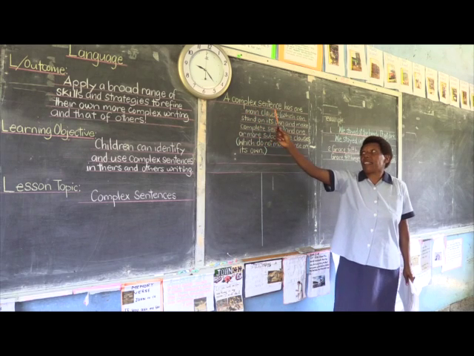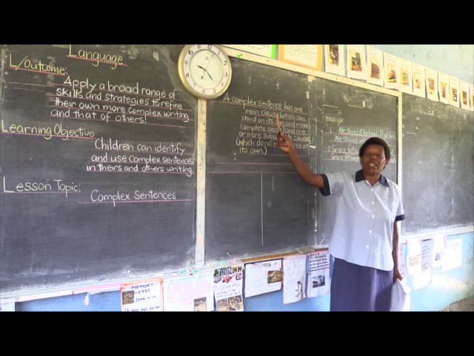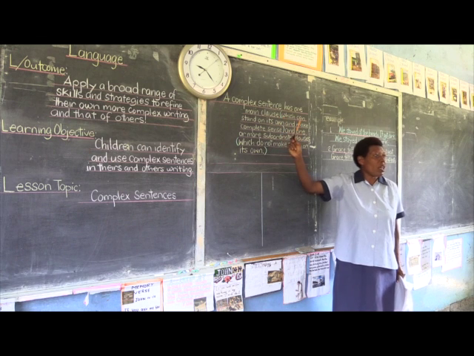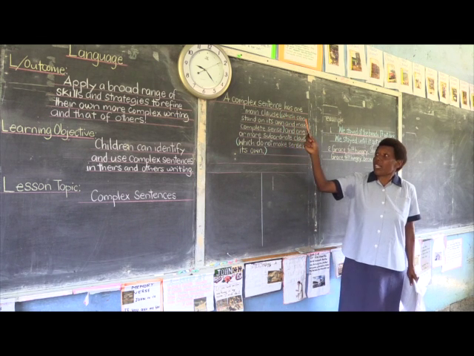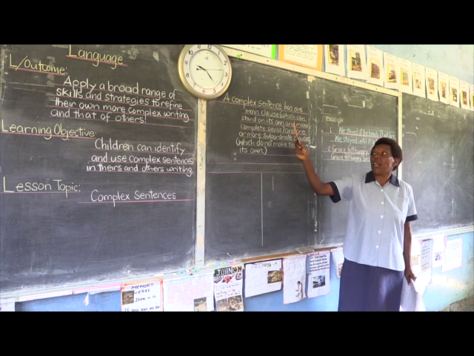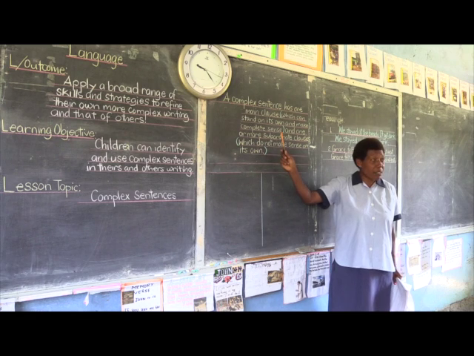A complex sentence has one main clause, which can stand on its own and make complete sense.